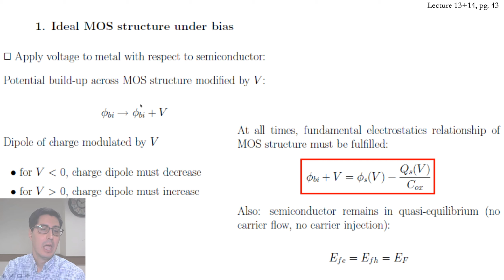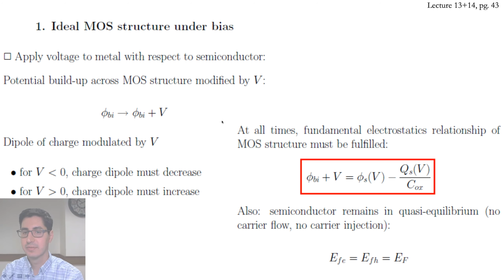Overall, the reason we're calling this a dipole of charge is because there's charge on the metal and charge on the semiconductor, and they're equal and opposite. Why are they equal and opposite? Because before we joined the structure together, everything came in charge neutral. So all the charge did was rearrange itself into what we call a charge dipole, just a separation of charge.